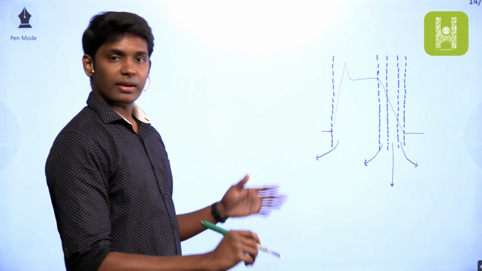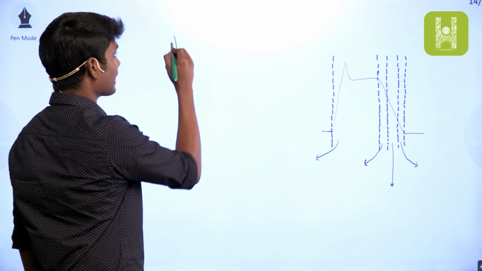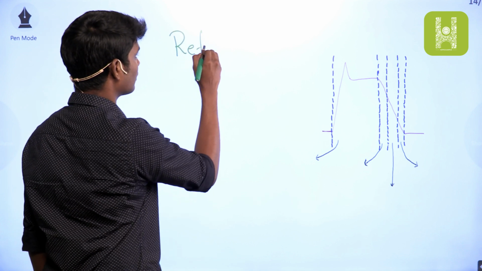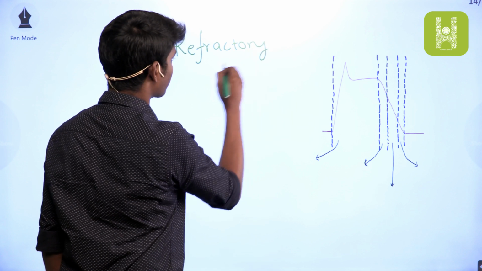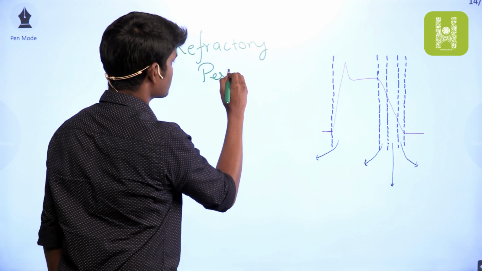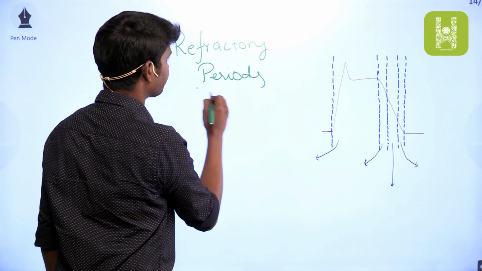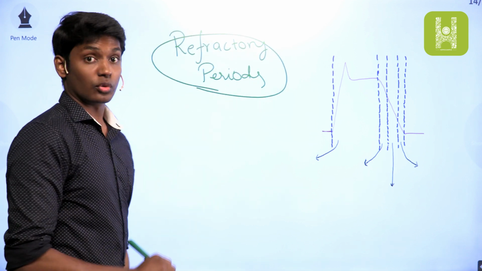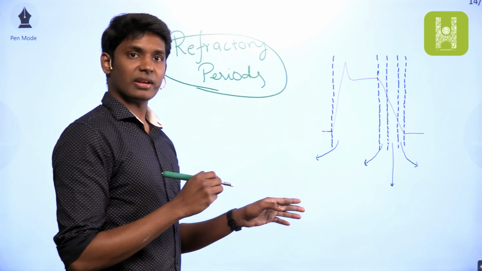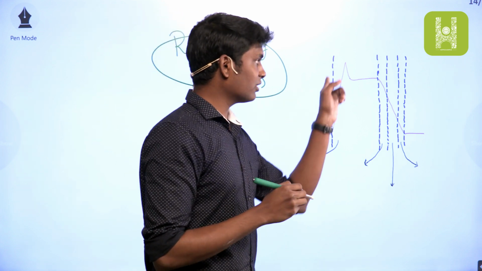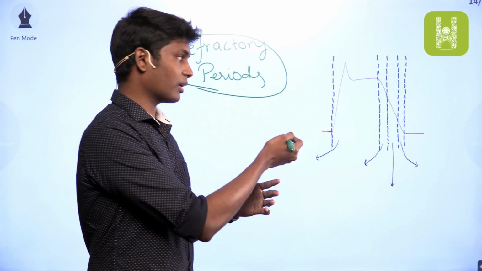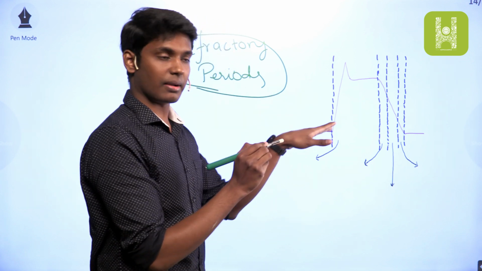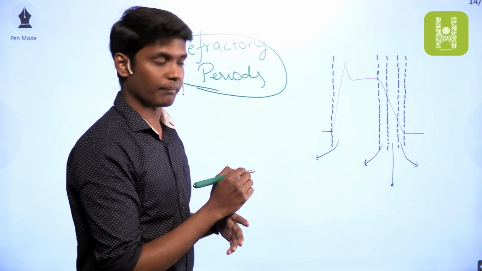So the next part I'd like to talk about the refractory periods. So refractory periods, we should understand that during the various phases of action potential, there can be a premature impulse which can hit this muscular cell at any point of time.